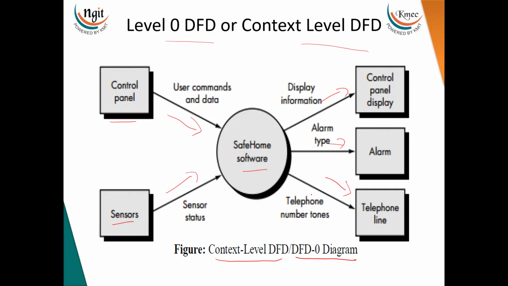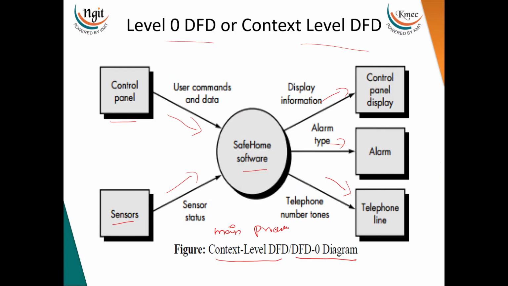This is called the first data flow model, where only the main process is present. Further refinement into the depth or lower levels will happen in the DFD 1 diagram. Clear?